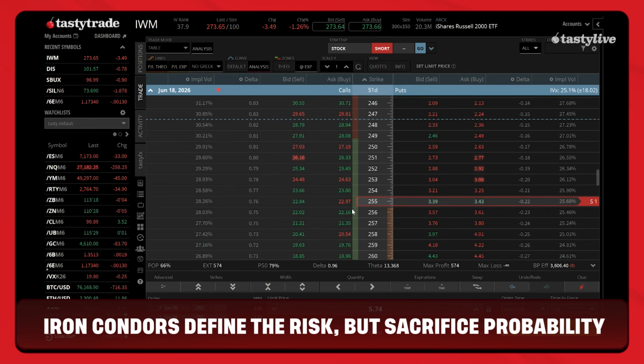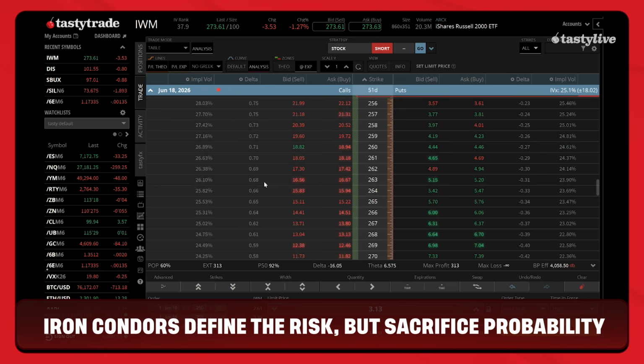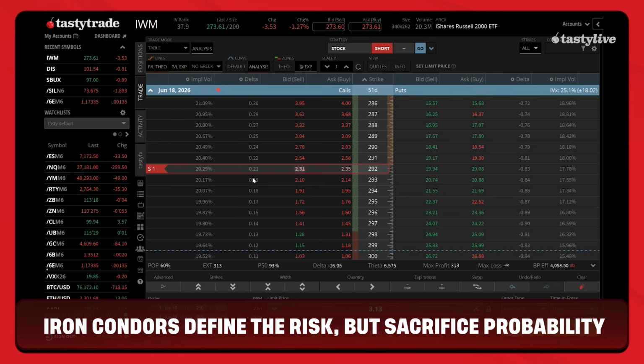So if I go down to the put side, right now I'm short a 255 put. I could buy the 250 put. Now I have a $5 wide put spread on that side of the market. I still have undefined risk though, because I haven't capped off my upside with the call options yet, but I'm going to do the exact same thing on that side of the market. So let me go down to my call strike here. I buy a 297 call.